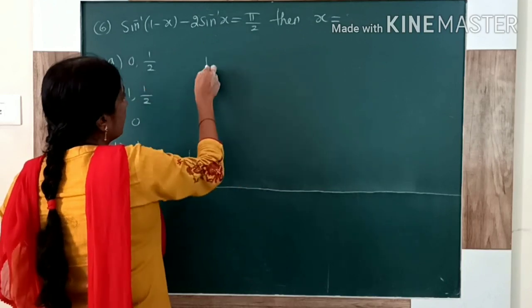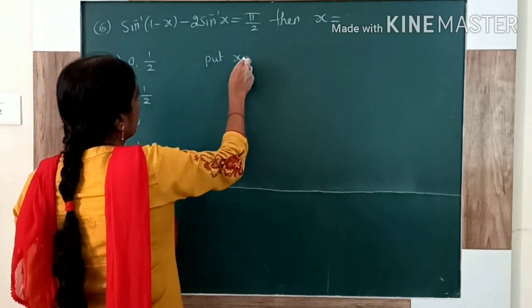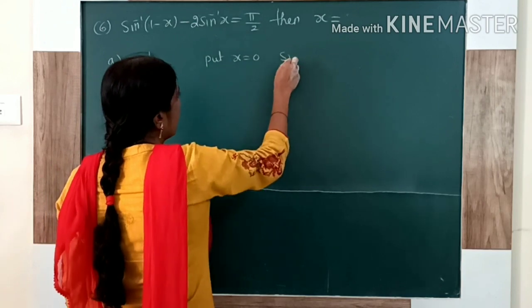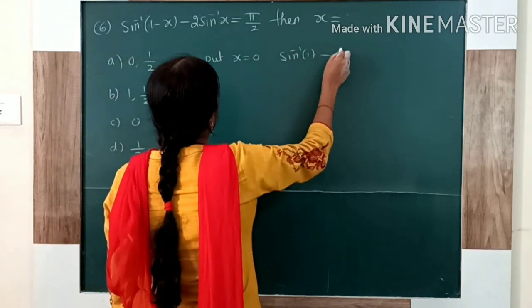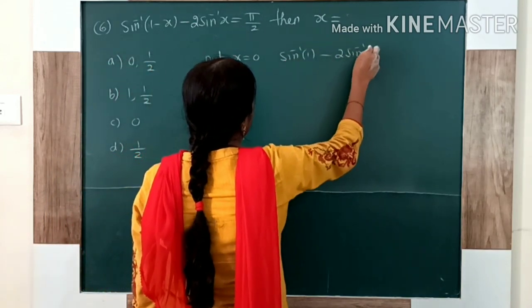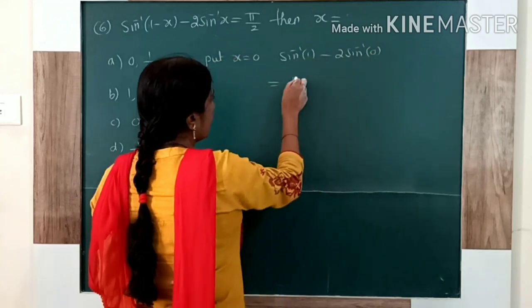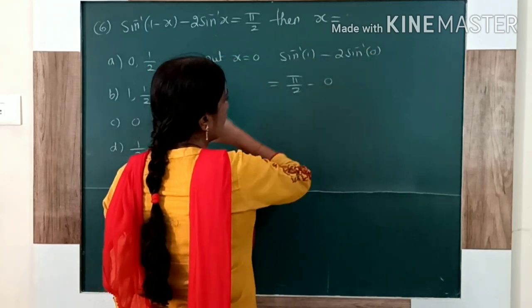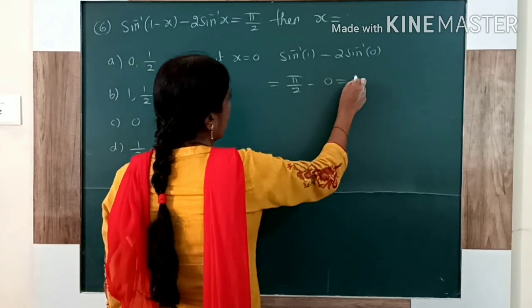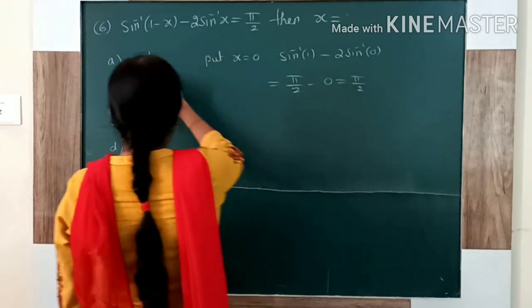So first I am trying with 0. If you write x as 0, the LHS will be sin inverse 1 minus 2 into sin inverse 0. Sin inverse 1 is pi by 2 and sin inverse 0 is 0. So you are getting pi by 2. One value is satisfied.